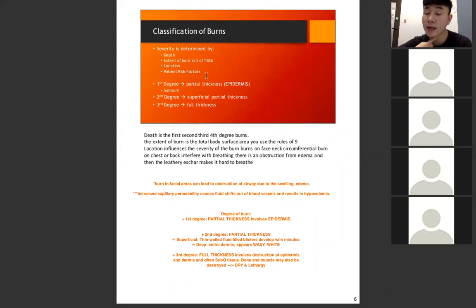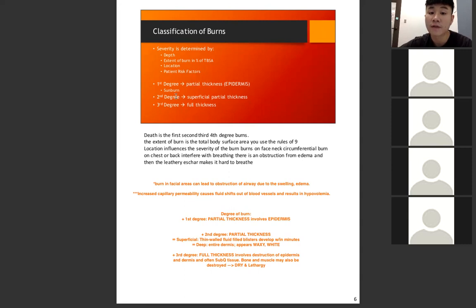Remember, if it's the neck and chest, it can very easily lead to airway obstruction, and those are lethal priorities that we have to focus on. And then patient risk factors. If the patient is elderly or an infant, they are at higher risk of experiencing more injury from the burns.